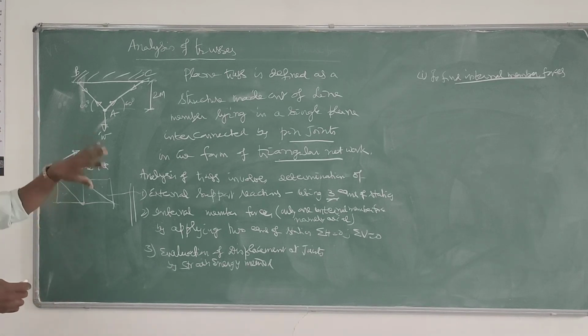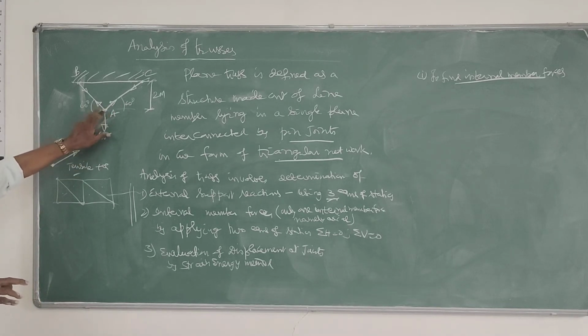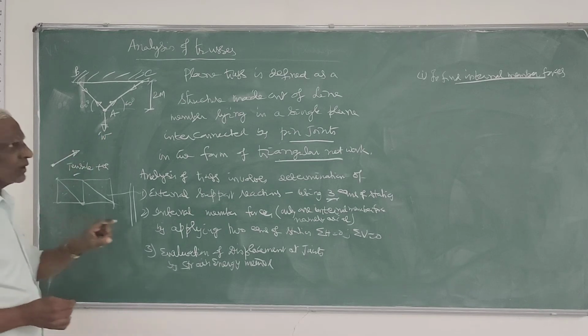Similarly, moment towards left acting clockwise positive, towards right acting anti-clockwise positive. Whereas here in trusses, in any member there will be only one axial force, and we take only joints, not sections. Taking a section is called the method of sections. Here first we adopt only the method of joints. Here the arrow moving away from the joint, we take as positive.